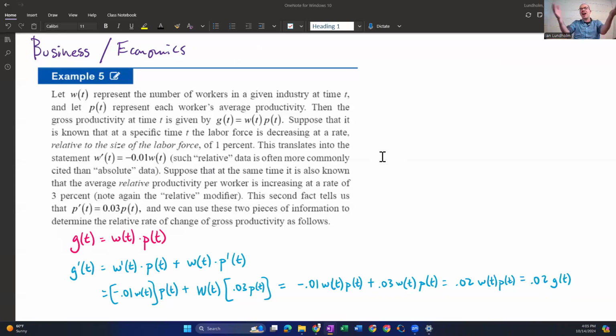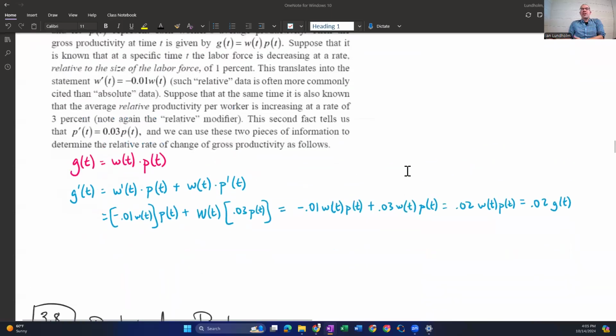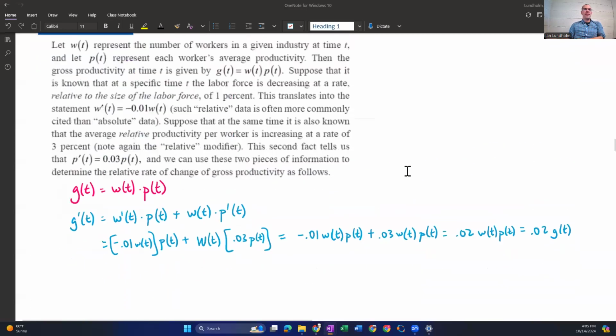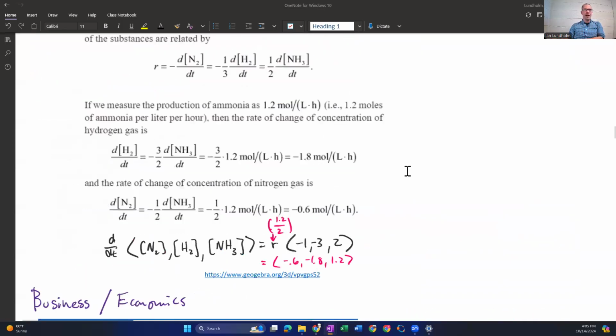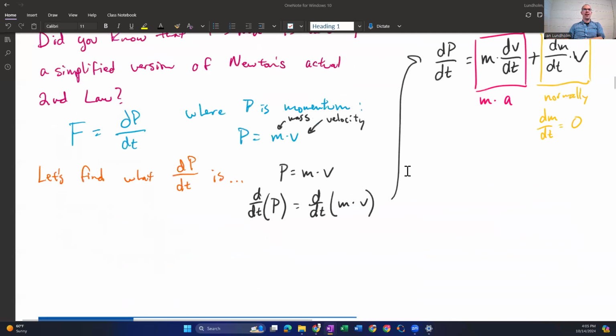A lot of stuff at this point is probably encoded into things like Excel and all that good stuff. But underlying this, there are principles about rates of change. Cool. So that was 3.7, just to give you a flavor of some different areas where this calculus can be applied.